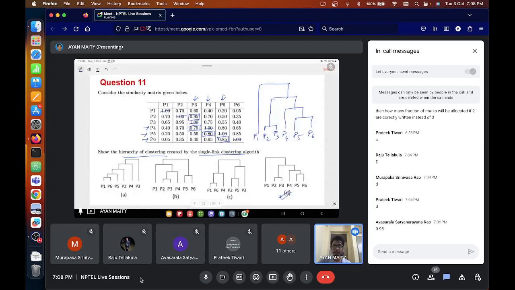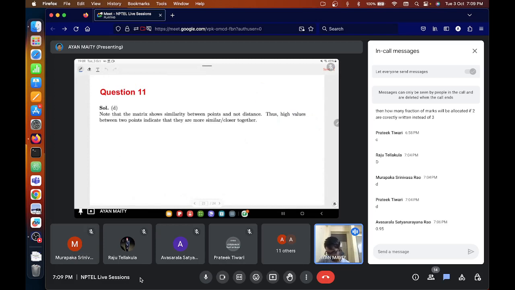In case of similarity, it would be the lowest similarity we will take, but in case of single link, we take the closest two points from the two clusters. So the highest similarity values from the two clusters we would take. That's why in case of complete link, the dendrogram might be different, but in this case it would be option D for single link clustering. So option D.